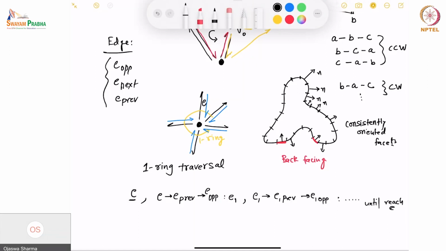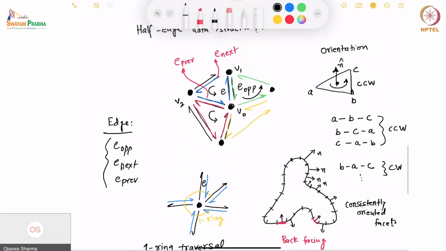And then, of course, with every half edge you have a pointer to its face, the left face. So you could always see that this face is always to the left of E, to the left of E previous, and to the left of E next.